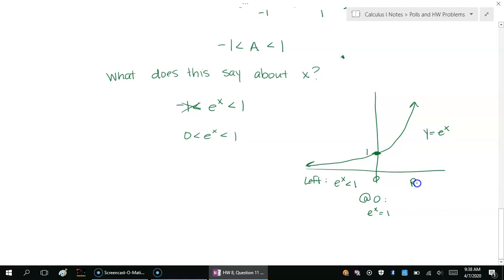And to the right, e to the x is greater than 1. I'm looking for the places where e to the x is less than 1, so I'm looking again at the left-hand side of my graph. The left-hand side is where x is negative, so my domain will be all those negative values.